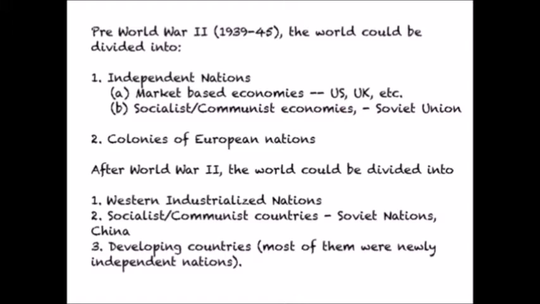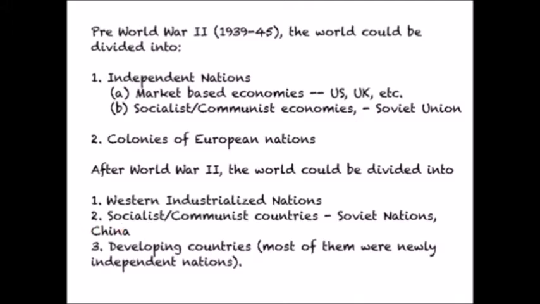At the end of World War II, the world could be divided into three parts, one being the Western industrialized nations like the US, UK, and so on. Then we had a set of countries which followed socialist or communist principles, a group of Soviet nations like the Soviet Union, East Germany, Poland, Czechoslovakia, and so on, and also China.